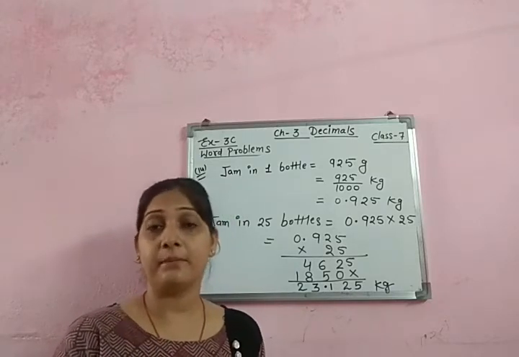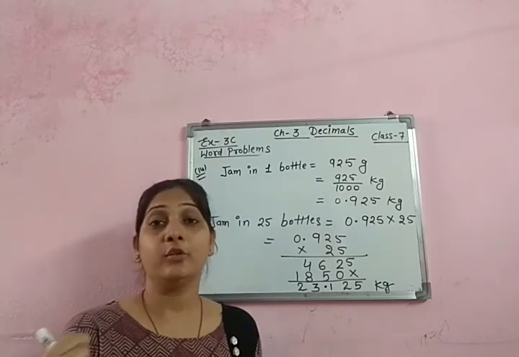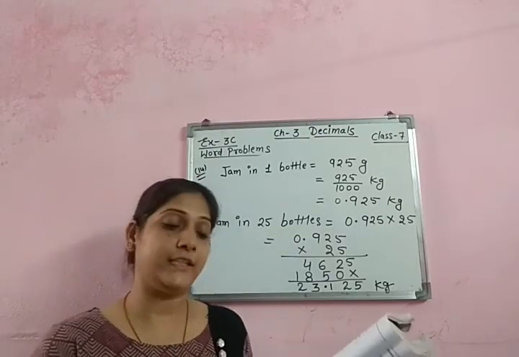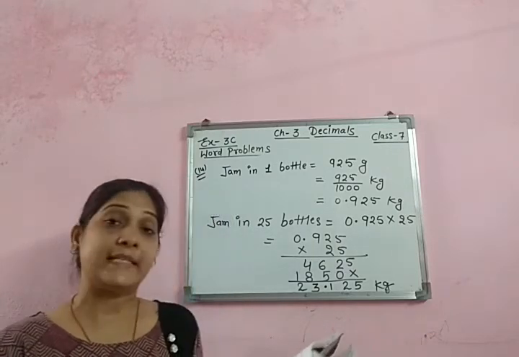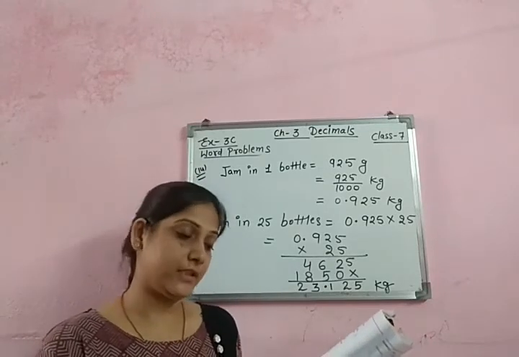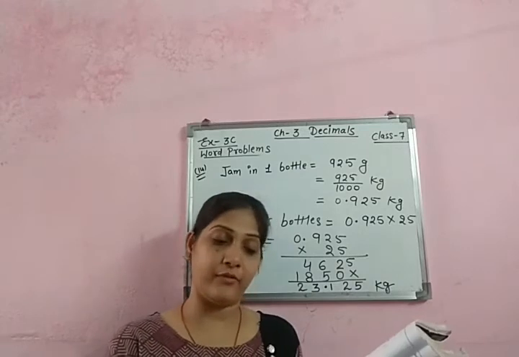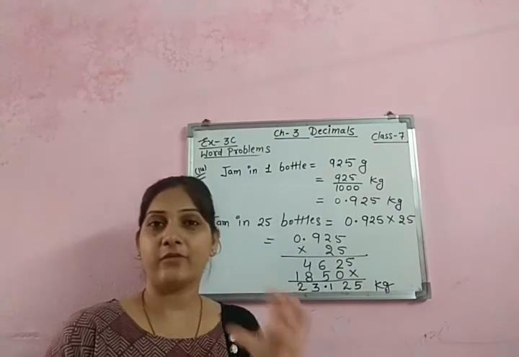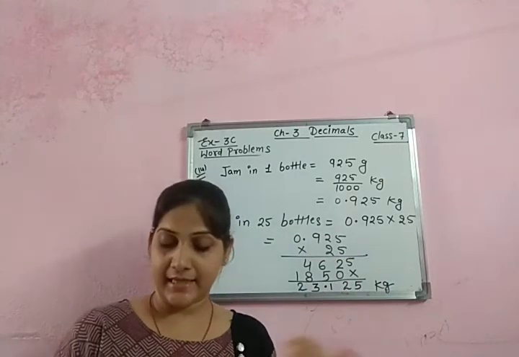You have to tell how much quantity of oil there will be in 48 drums. So we have to multiply by 48. Okay. The same, 16th is again similar. The cost of 1 kilogram of rice is given. Can you find the cost of 16.25 kilogram of rice? Yes, so we have to write the statement: the cost of 1 kilogram of rice and then the cost of 16.25 kilogram of rice.